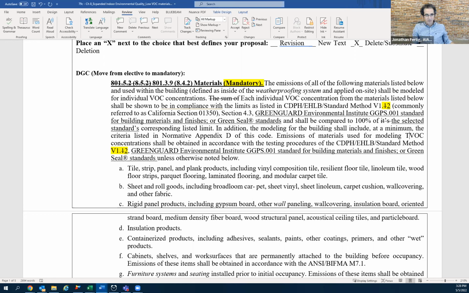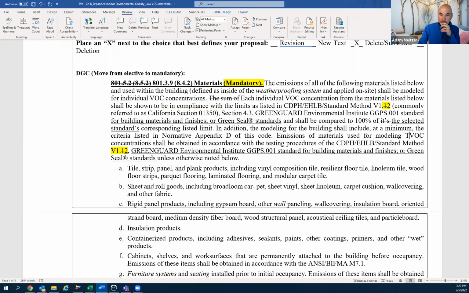Okay, thank you. Next up is Adam. So Jonathan, the reason it's not typically addressed is because it gets diluted outside, and it's not as much of an issue on the health of the manufacturer workers and the people inside the building when it's outside.